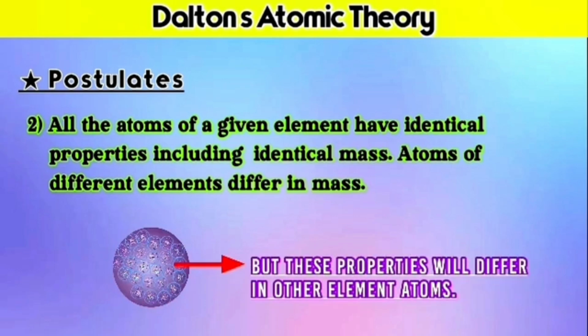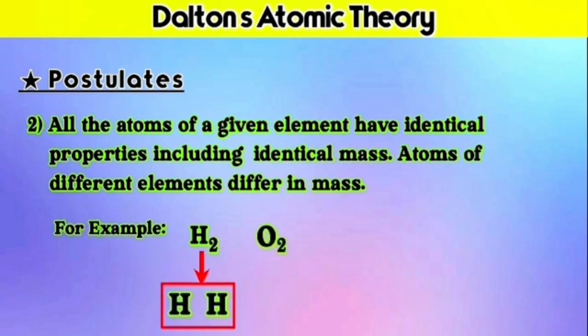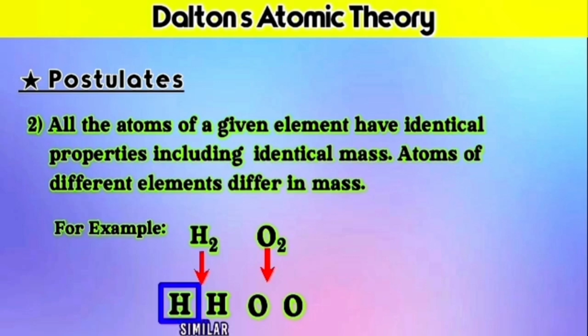Okay, so now let's understand this more clearly through an example. Let's take two elements which are H2 and O2. H2 contains two hydrogen atoms, right? And similarly, O2 contains two oxygen atoms. So according to this postulate, the properties of this one atom of hydrogen will be similar to this another atom of hydrogen and all the other atoms of hydrogen too.